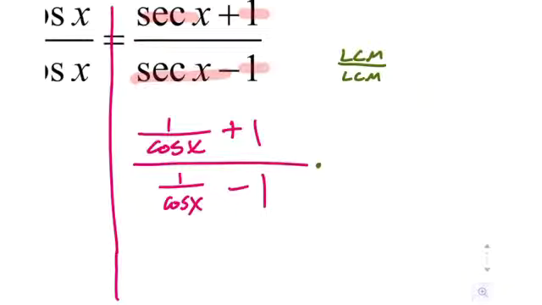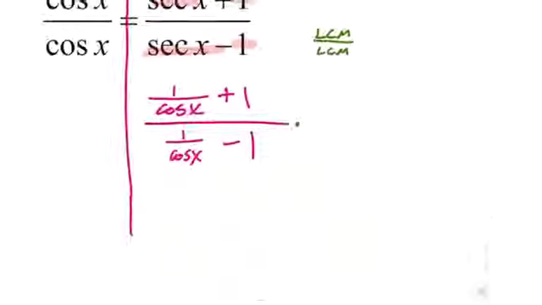It works every time. All you do is you check out your miniature denominators, and in this case it's cosine. So the LCM of your miniature denominators is cosine. So you extend the main division bar out, and you multiply the top by a cosine and the bottom by a cosine. What is cosine, bless you, divided by cosine? 1. Okay?